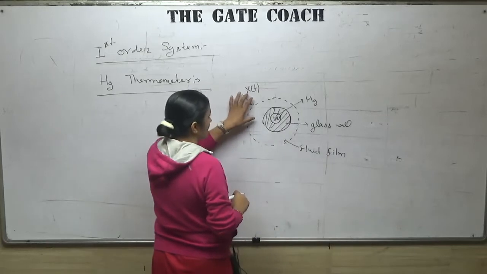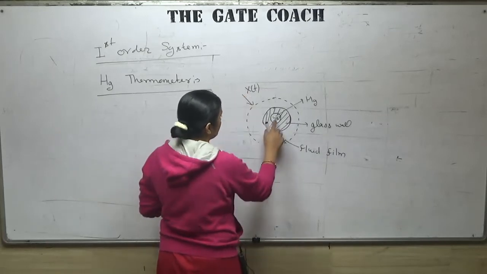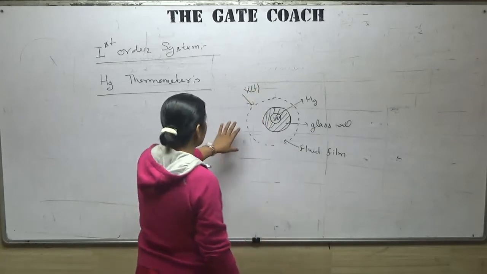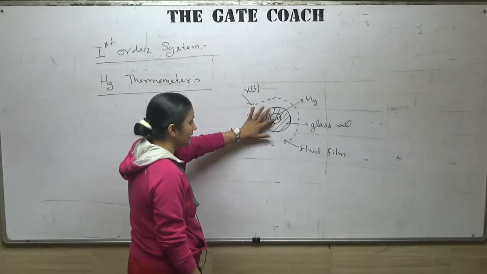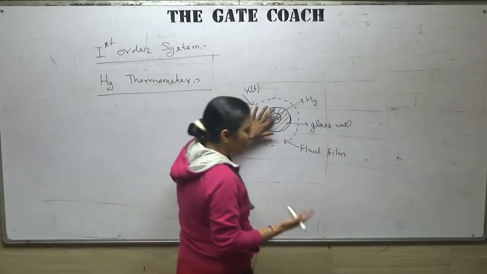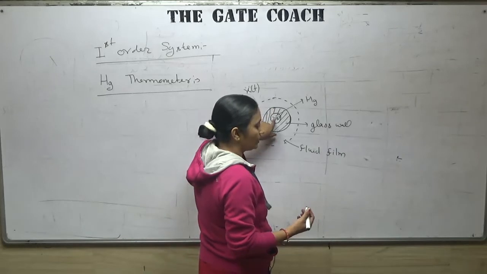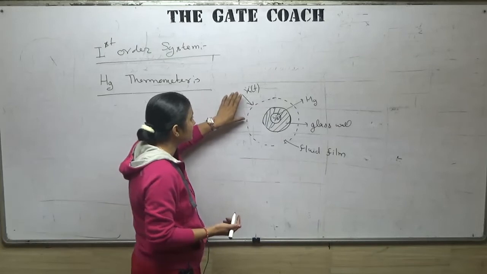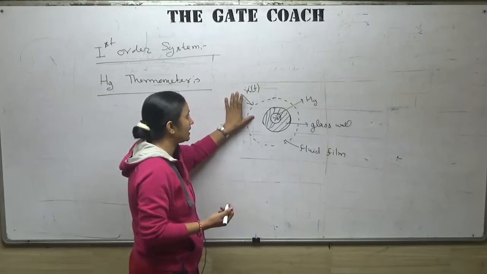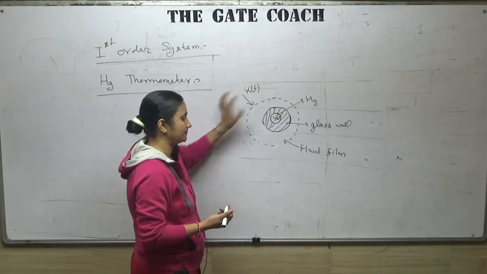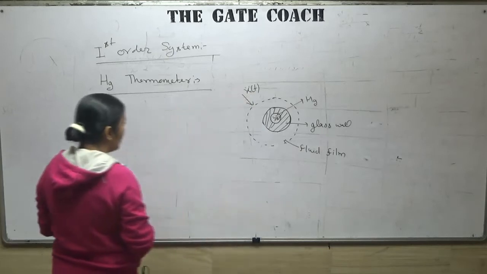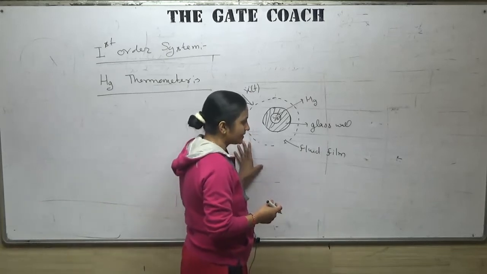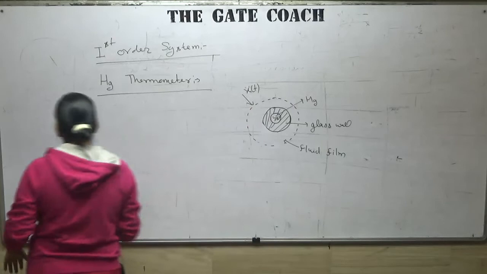The fluid temperature is x(t), and the output temperature we denote as y(t). We are assuming the mercury is showing the temperature y(t). The output is the measured temperature y(t) and the input is the fluid whose temperature we are measuring, at temperature x(t). For this we have to develop the model. For that we will take an unsteady state energy balance on the system. How to take the energy balance?